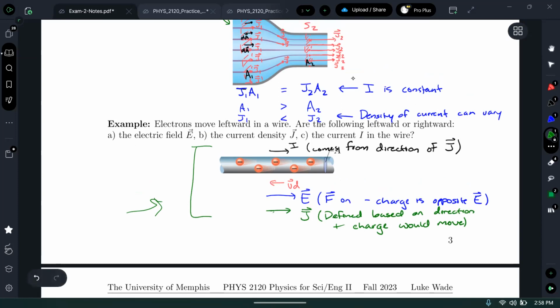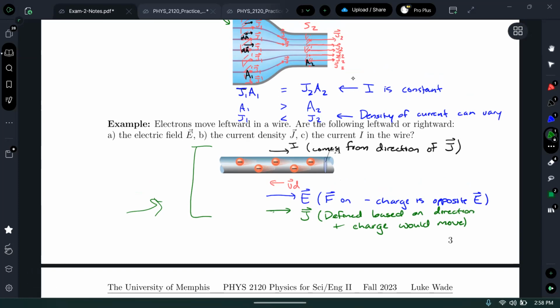And this is with or without the EMF? So an EMF would be another way of looking at what causes this flow of charge because of this relationship between electric field and potential difference. In a region where something has an EMF, where it is doing work on charge, it has a certain electric field.